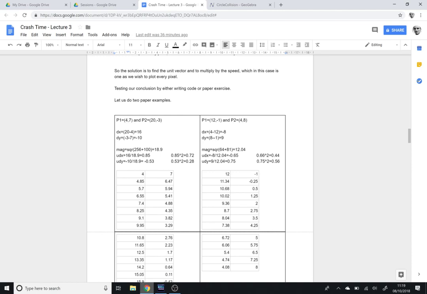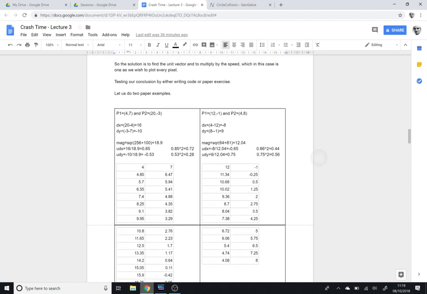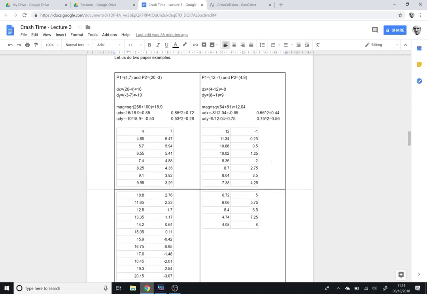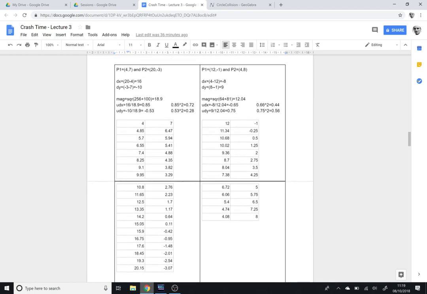But the key thing is that we need to go and test our conclusions. And yeah, you can sit there and do it on paper, which is what I have done. I have gone, okay, I have a theory. My theory is that I just need to calculate the unit vector. So what I've done is I've picked some points, and then I've gone and done the maths.